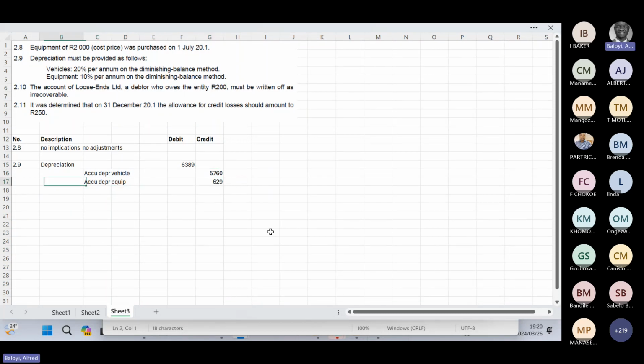And then if you go to 2.10, okay, let me just put the calculations here so that everyone can view them. Okay, the 40,000 is the cost.